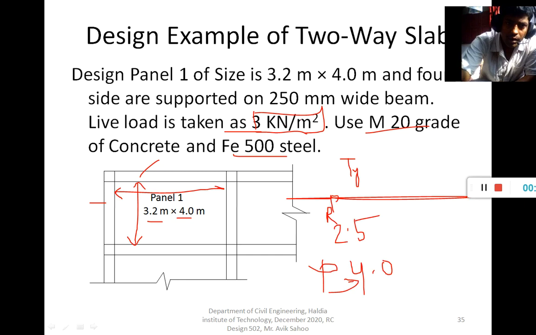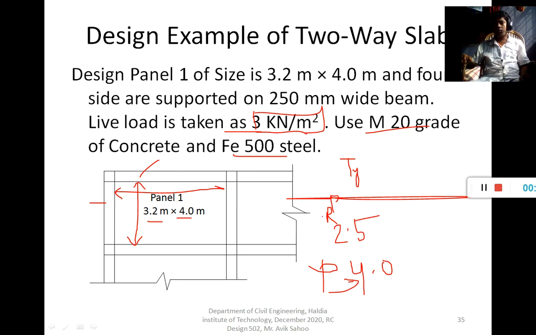Generally the data is given, so there is no problem, but in some cases the data are not mentioned, only the type of buildings. So for residential building you consider 2.5 kN per meter square live load, and for public building 4 kN per meter square.